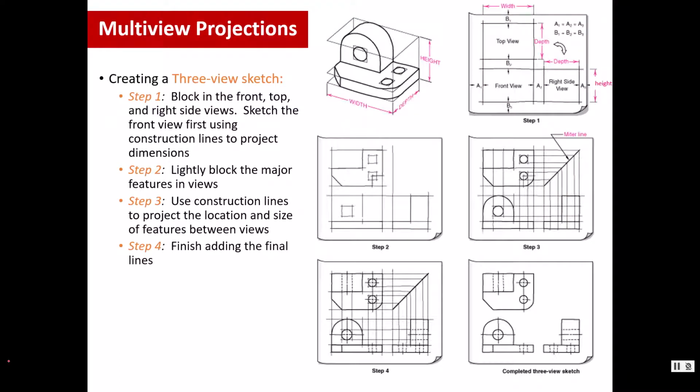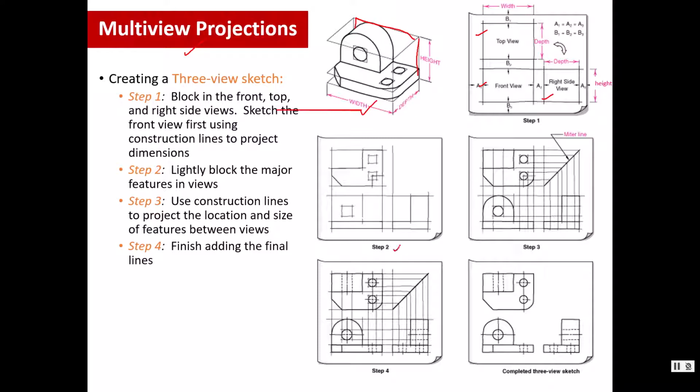Okay, so this is the way to create the manual multi-view projection, which we can follow step by step. So this is the object. The first step is to draw the blocks, the top view, the front view, and the right side view according to the bigger frame of the object, the biggest frame of the object.